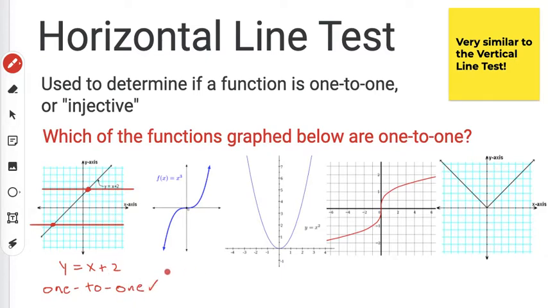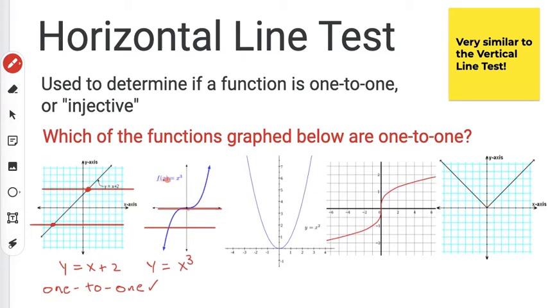Moving on to the next graph, this is y equals x cubed. If you ever graphed it, you would know the shape. But we want to determine if it's one-to-one or not. So we're going to use the horizontal line test. I'm going to draw straight horizontal lines pretty much anywhere. And no matter where I draw these lines, they only go through one point.